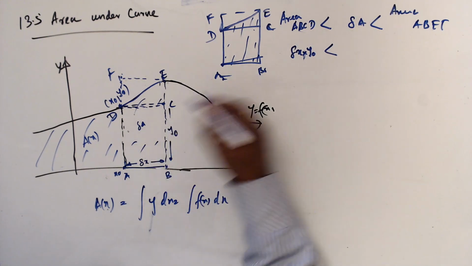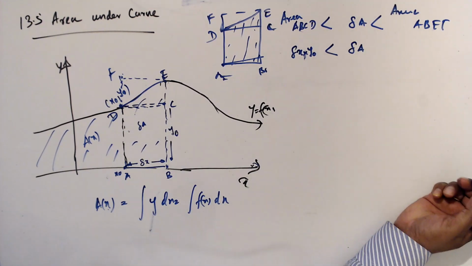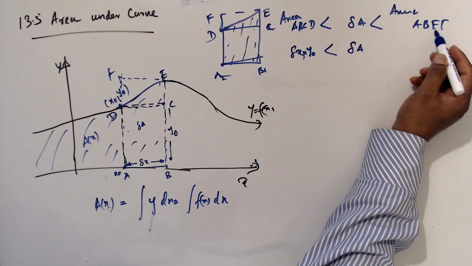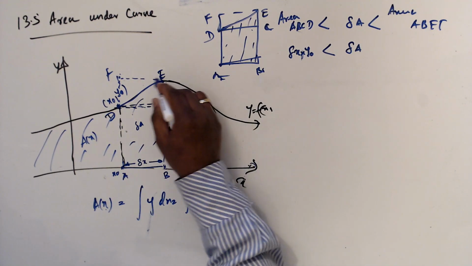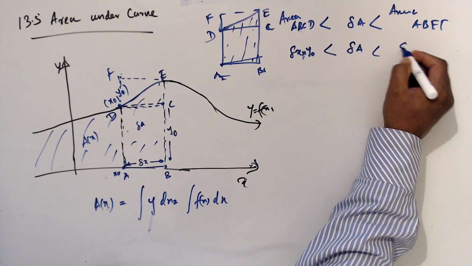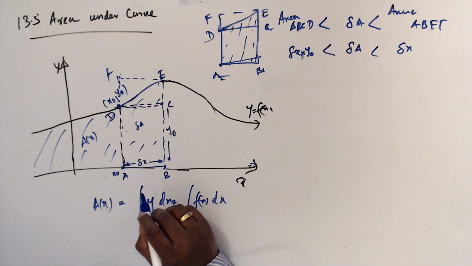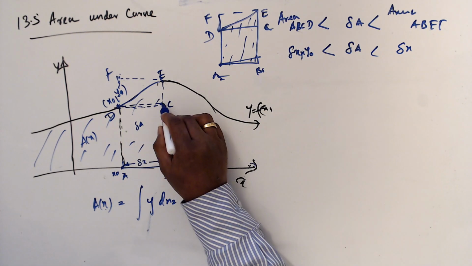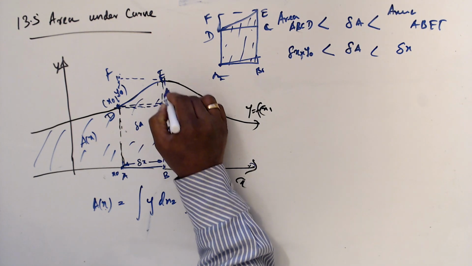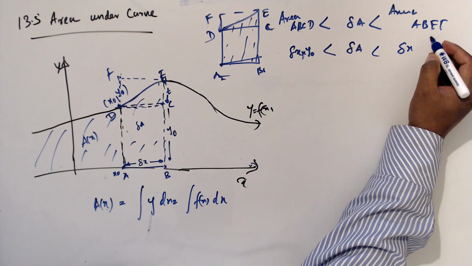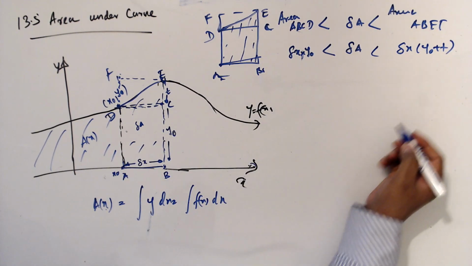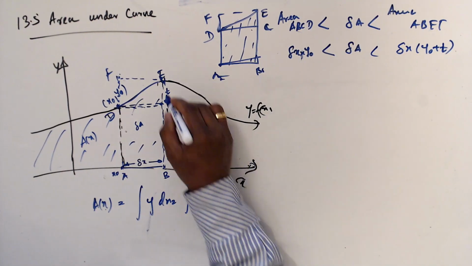Now we want to find the area of the bigger rectangle A, B, E, F. So I have the width, that is delta x, and the length is y naught. Okay, this side is missing. I will take this as t. So delta x times (y naught plus t). This side is t.